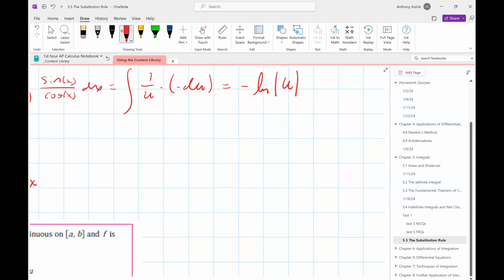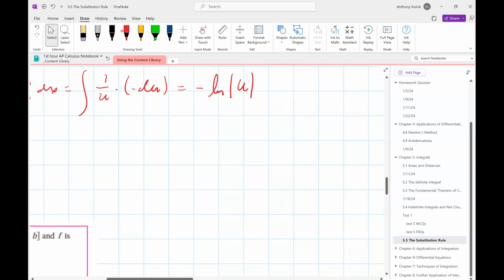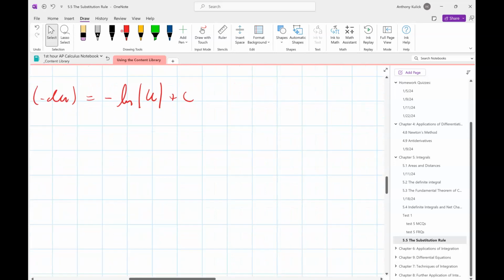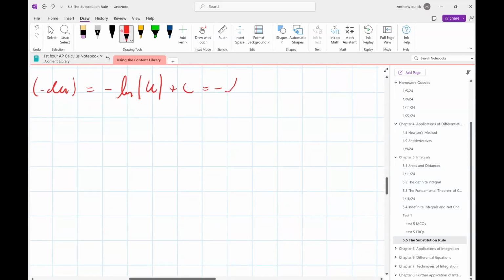Why do we need an absolute value when we do this? Can't do the natural log of a negative number. We should say non-positive because 0 is a problem also. But that's excellent. And then we just plug in our u, and we are finished. And the u we picked was cosine.